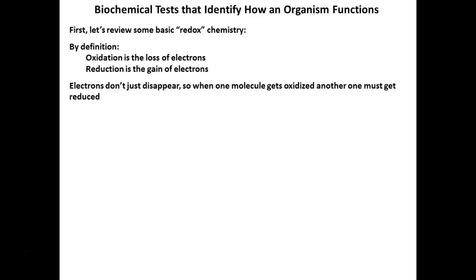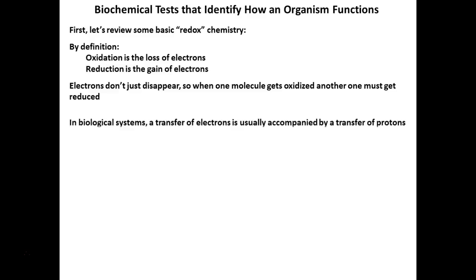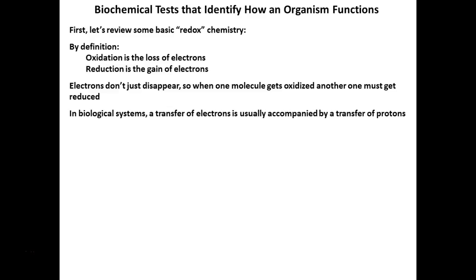So it's OIL, right? O-I-L. Oxidation is loss. RIG, reduction is gain of electrons. So again, they don't disappear. They've got to go somewhere. So if somebody loses them, someone else picks them up, right? Someone else is reduced.